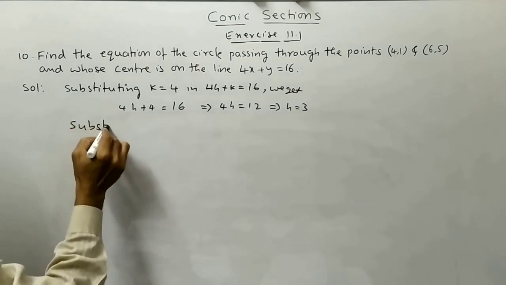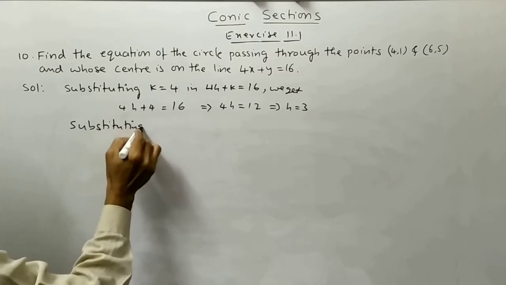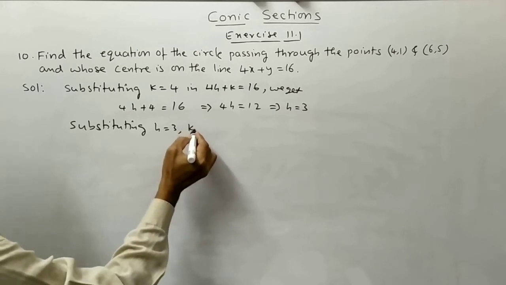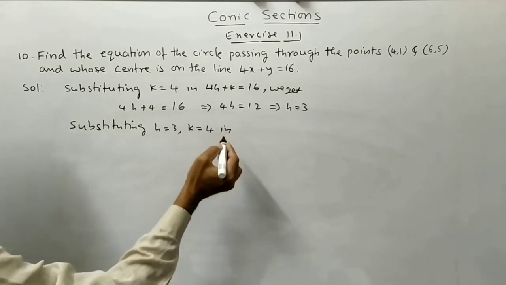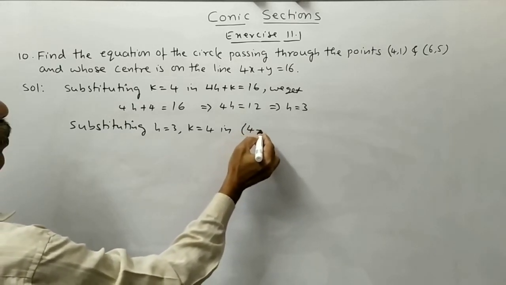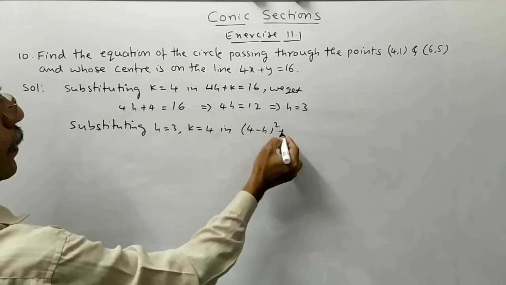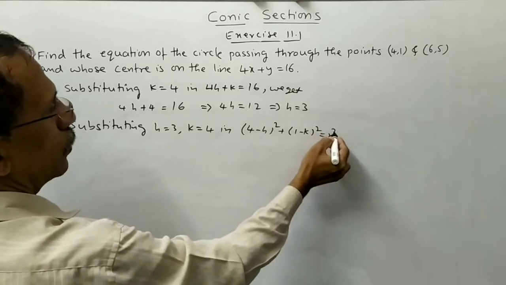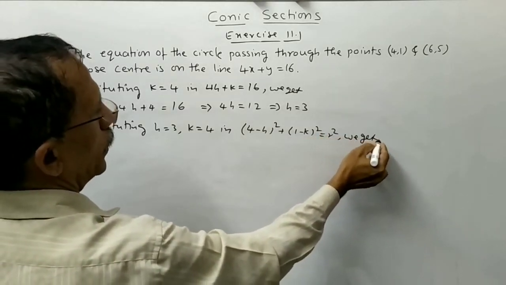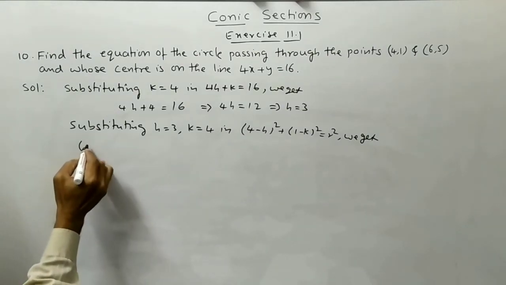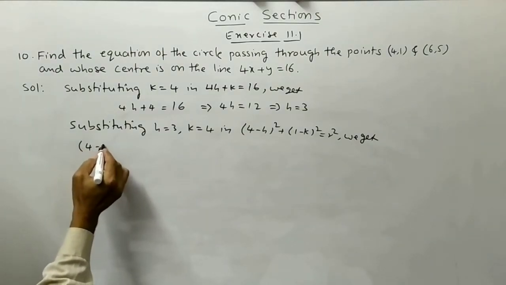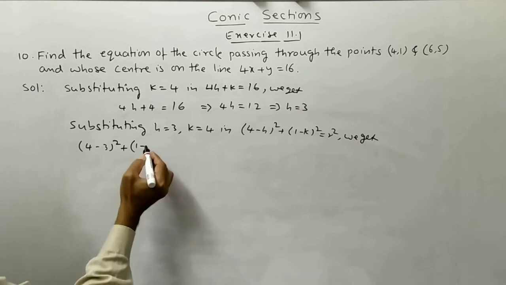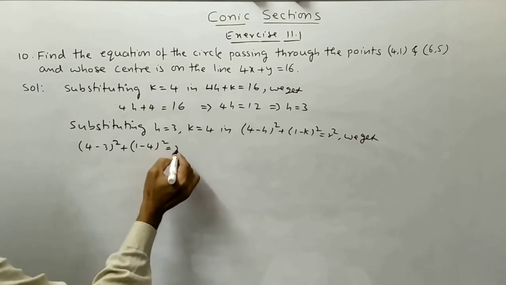Substituting h = 3, k = 4 in (4 - h)² + (1 - k)² = r², we get (4 - 3)² + (1 - 4)² = r².